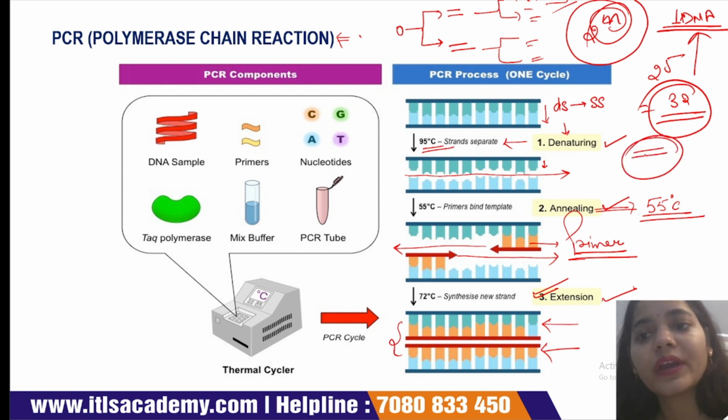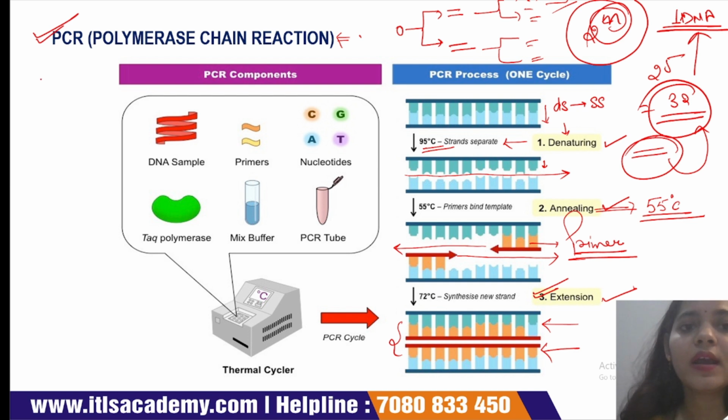After performing the 5 cycles, we get 32 DNA copies from only one DNA. That's why PCR can be used to amplify the DNA.